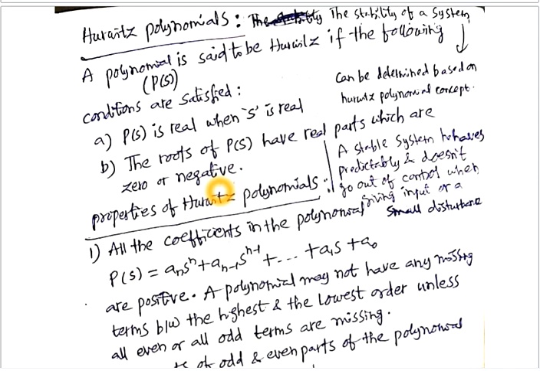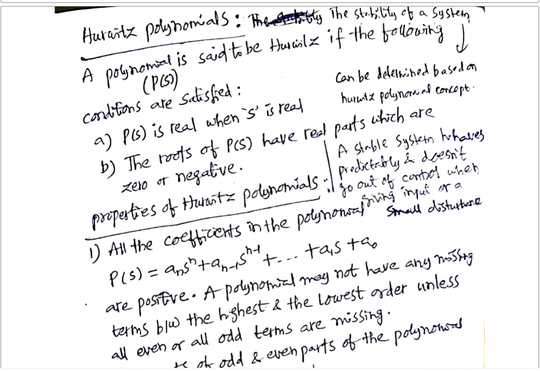Because the degree of p of s may be very high, like 6, 7 or 8, and we may not have access to any simulation software or coding software in our exams. So manually, how do we determine a Hurwitz polynomial when the degree is very high? It is not possible without software.